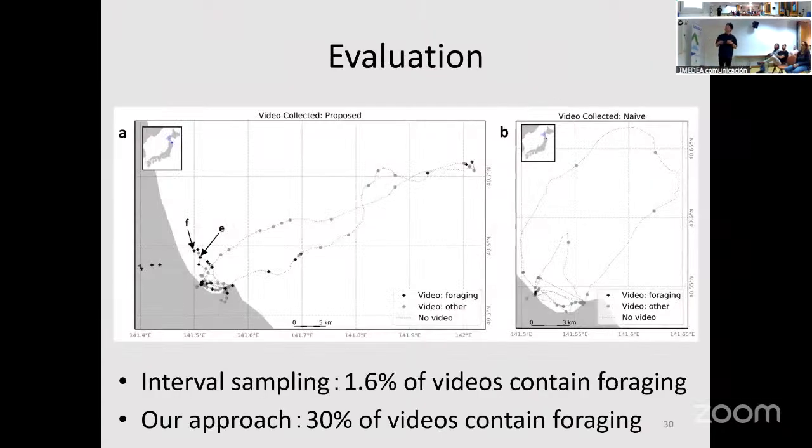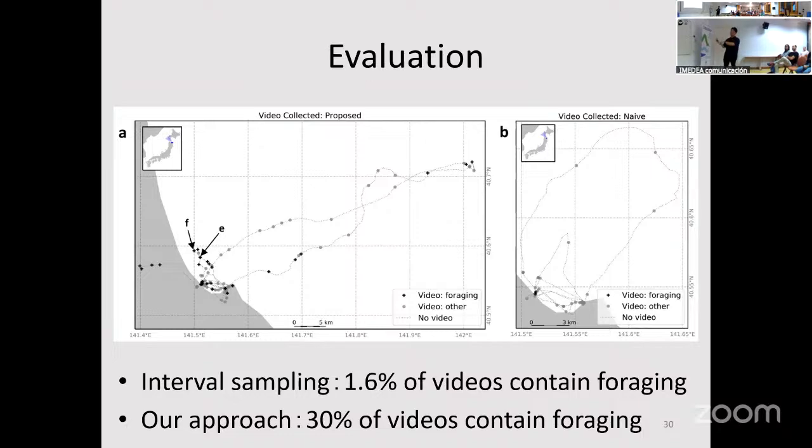We also evaluated the efficiency of our method. We prepared a very simple baseline method, interval sampling. I remember that it was 1 minute of video recording and 4 minutes of rest, and then 1 minute of video recording.